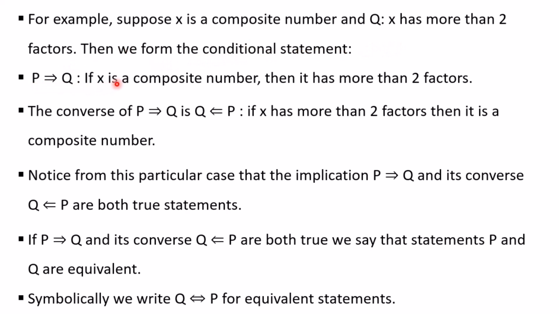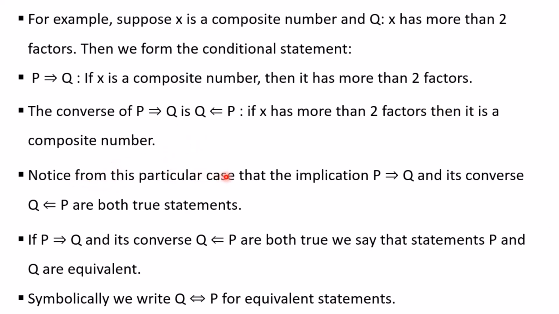So our conditional statement P implying Q is, if S is a composite number, then it has more than 2 factors. The converse of this is, if S has more than 2 factors, then it is a composite number.